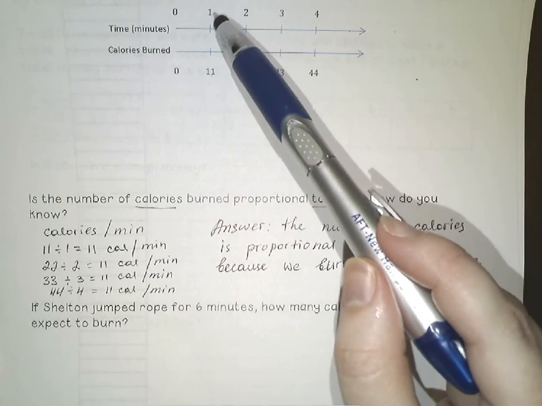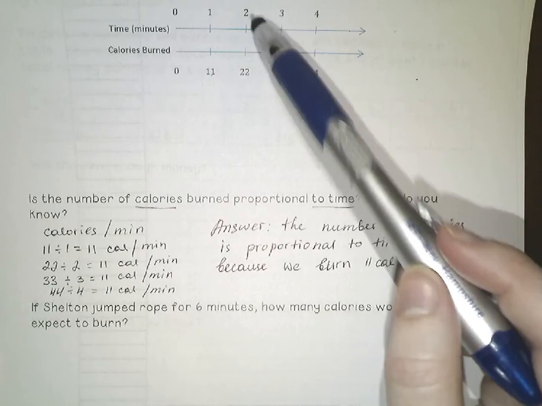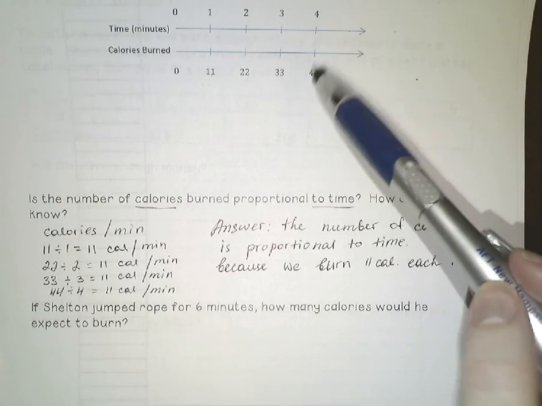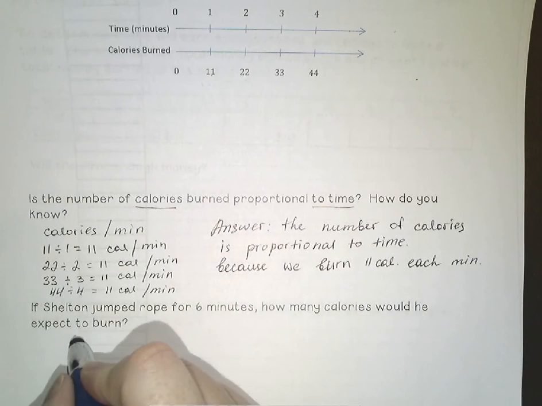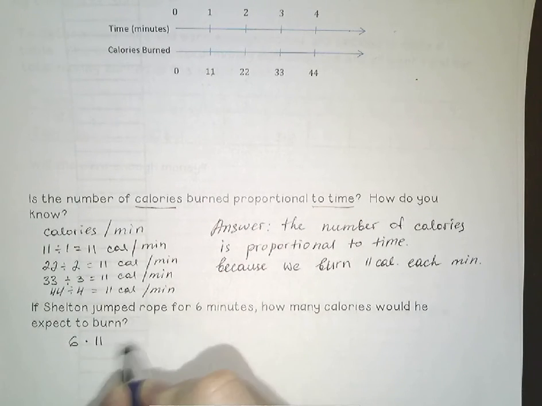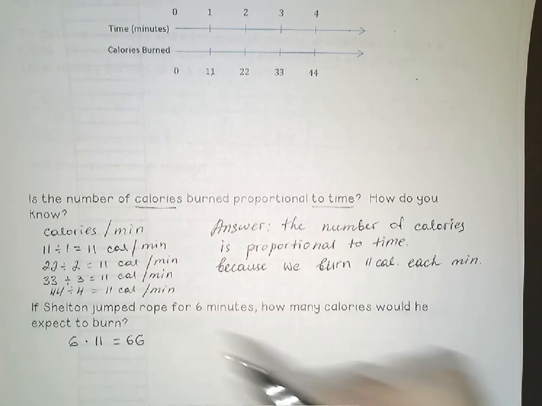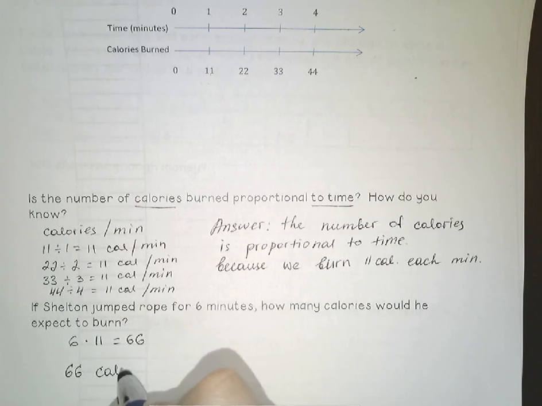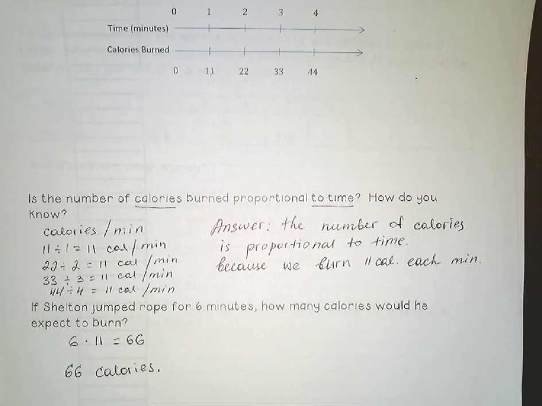So 1 times 11 is 11, 2 times 11 is 22, 3 times 11 is 33, 4 times 11 is 44, 6 times 11 will give me 66. So 66 calories will be burned by exercising 6 minutes.